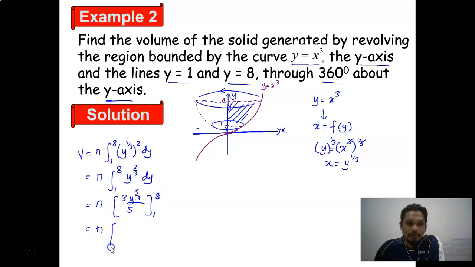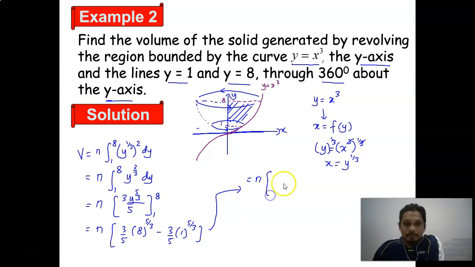And now, 3 over 5, substitute y with 8 first, which is 8 to the power of 5 over 3, and minus 3 over 5 times y equals 1 to the power of 5 over 3. Okay, now pi, cube root of 8, which is equal to 2.